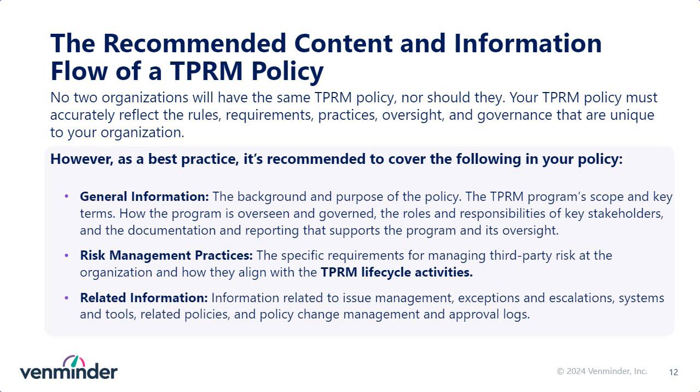The first one is general information. This includes the background and purpose of the policy, our scope, governance and oversight, responsibilities of the stakeholders, and general documentation and reporting. We also want to have a section that specifically addresses our risk management practices.